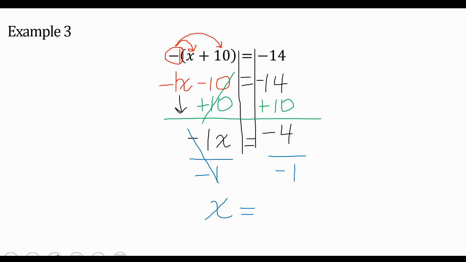So we get x equals, and then -4 divided by -1, a negative divided by negative gives us a +4. And that's it. So we distribute whatever is directly outside the parentheses. So we have to make sure that we're multiplying correctly. So you have to remember those rules for multiplying positive and negative numbers. And then you just solve the rest of the equation using inverse operations.